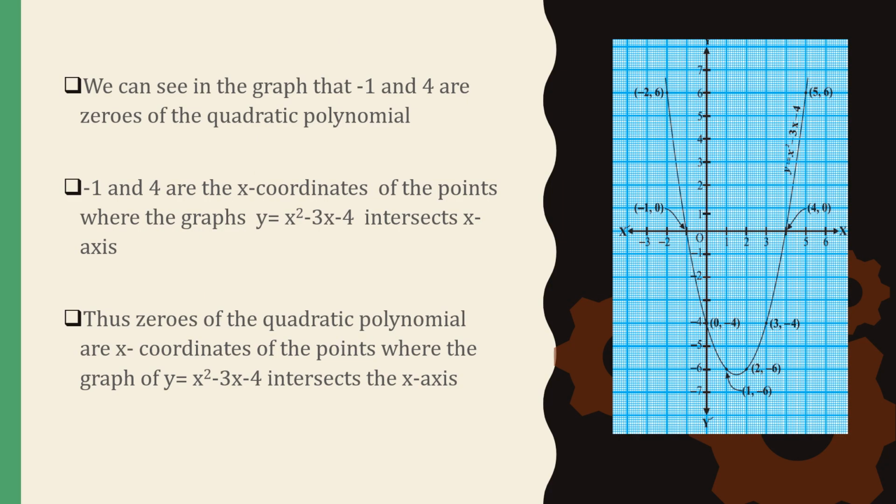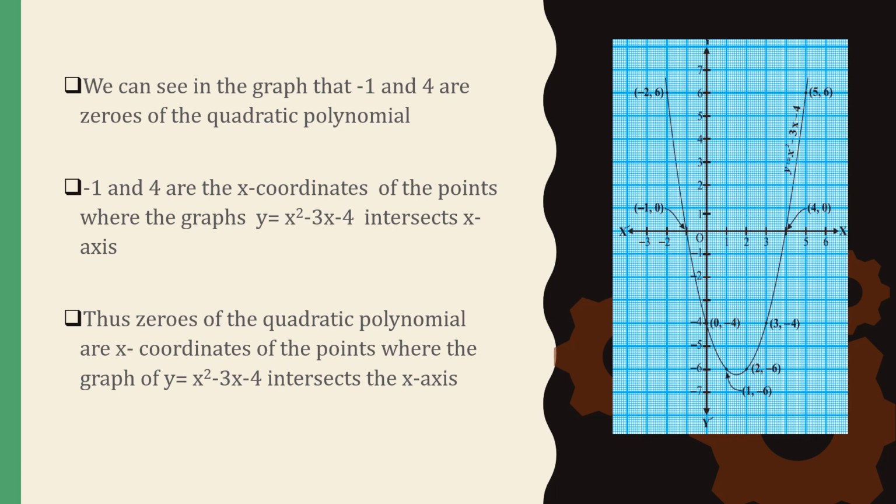Now, we can see from the graph that minus 1 and 4 are the zeros of the quadratic polynomial. That is, minus 1 and 4 are the x coordinates of the points where the graph y is equal to x square minus 3x minus 4 intersects the x axis.